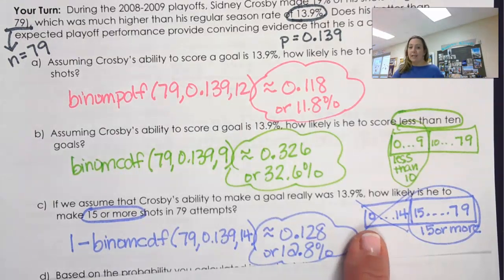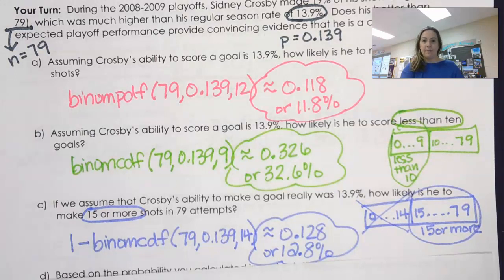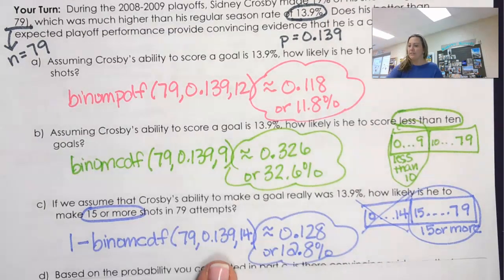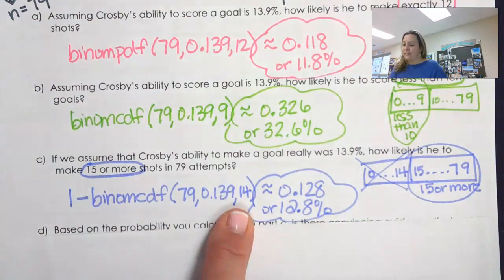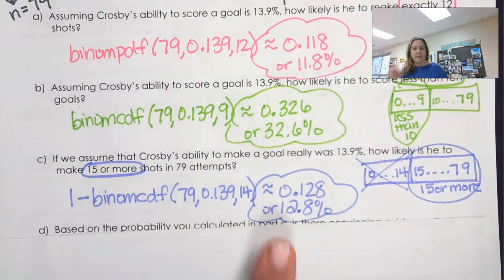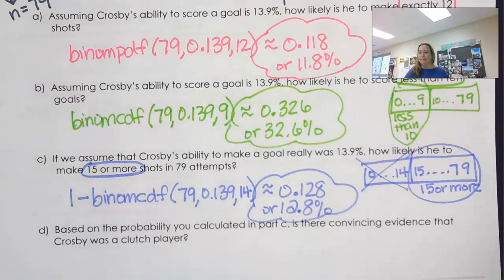So I would subtract off 0 through 14 from the 1, and that gives me the 0.128 or the 12.8%. Okay. Now, based on the probability, so that's stuff that we've talked about.